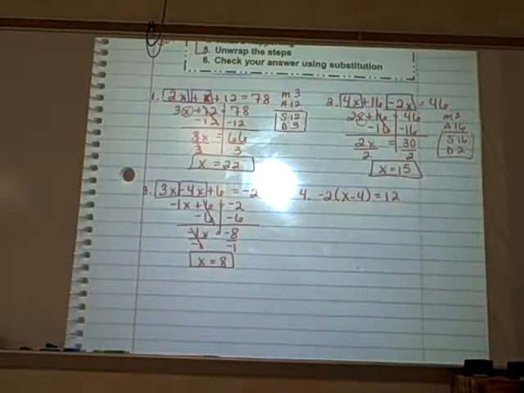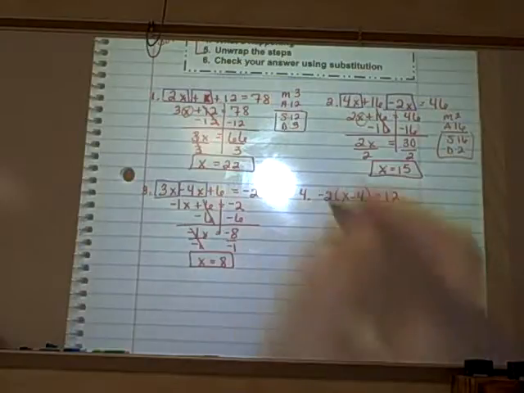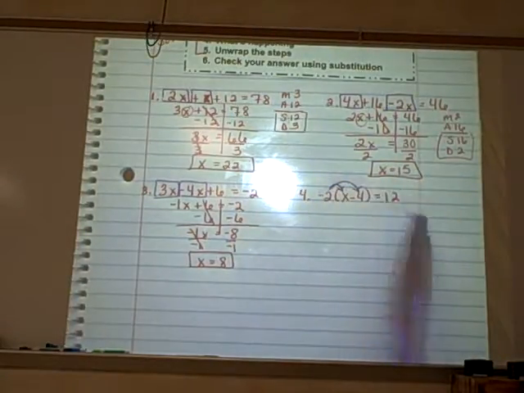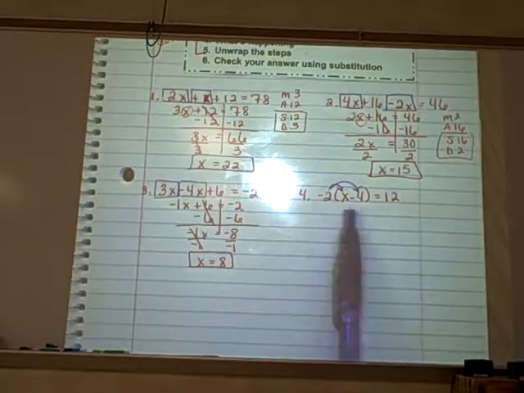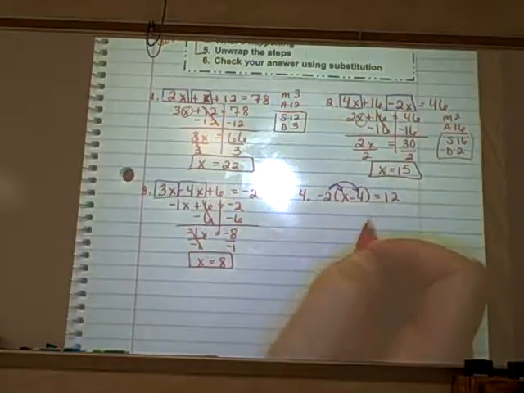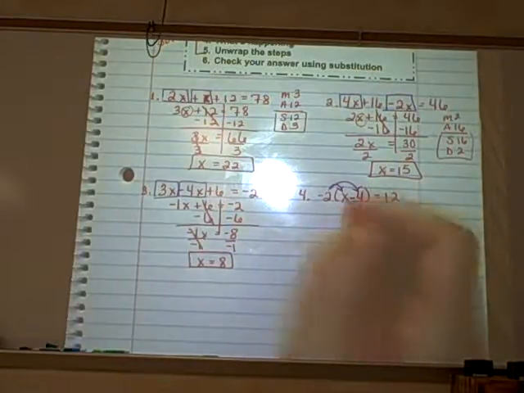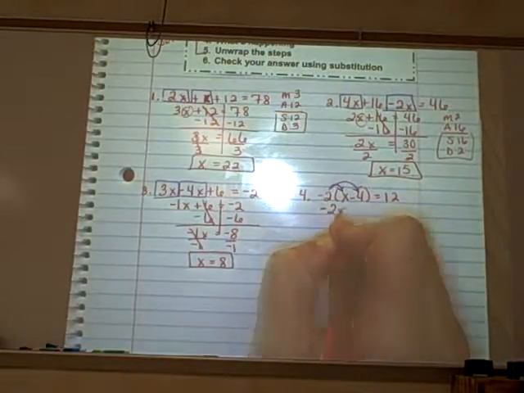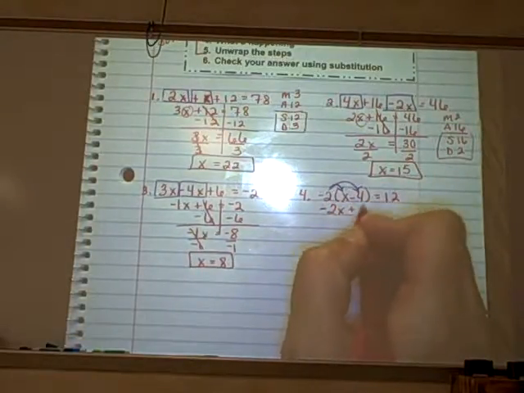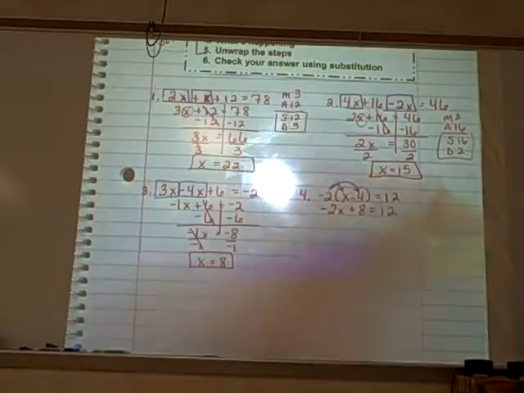What is getting distributed? The negative 2. It's going to get passed out here and here. Not to this 12 over here though, just to what's in the parentheses right beside it. And when you distribute, you're multiplying. So negative 2 times x is negative 2x. Negative 2 times negative 4 is positive 8.